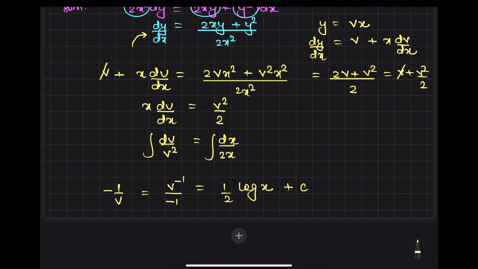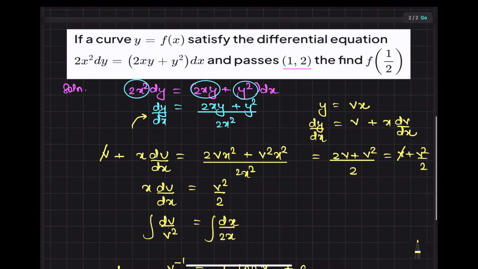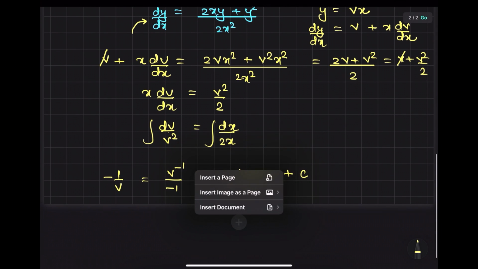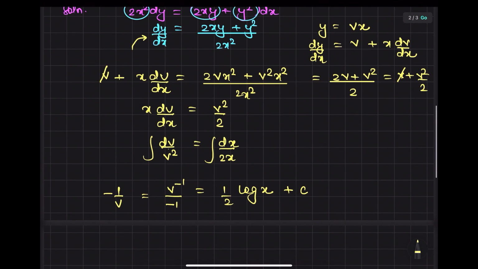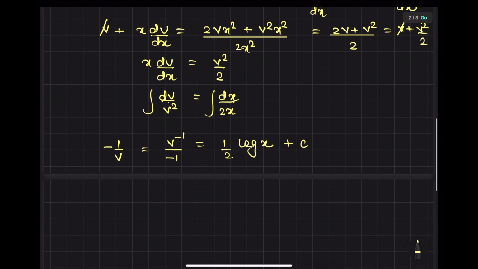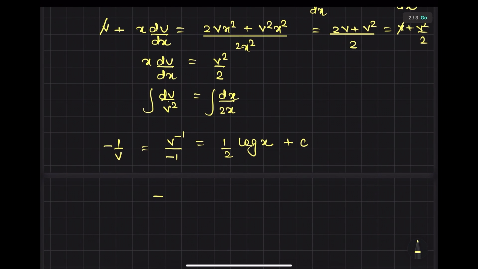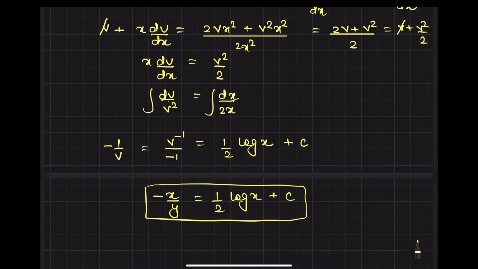Now you know the question is given in the form of x and y, not u and v, so you have to replace this v. Who is v? v is y by x. So can I write this as minus of x by y is equal to 1 by 2 log x plus c. So this is our function.